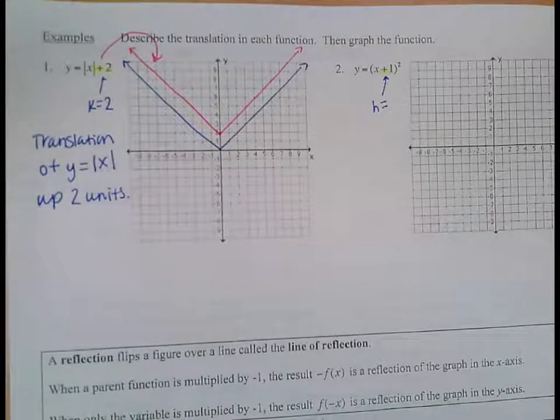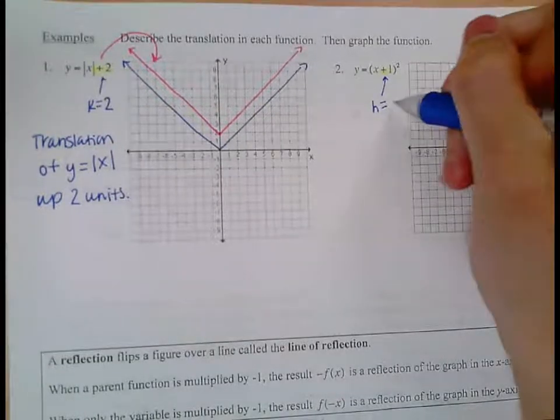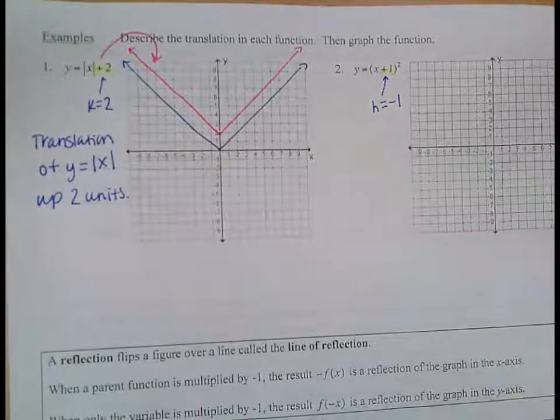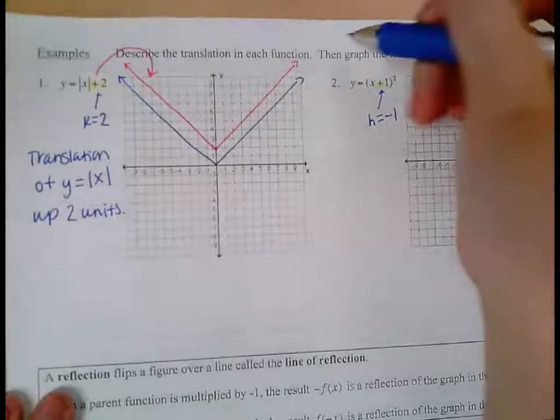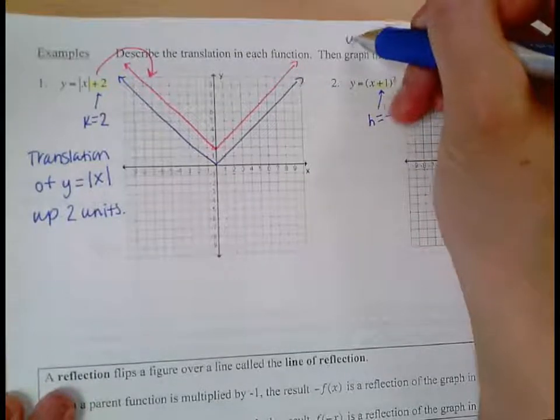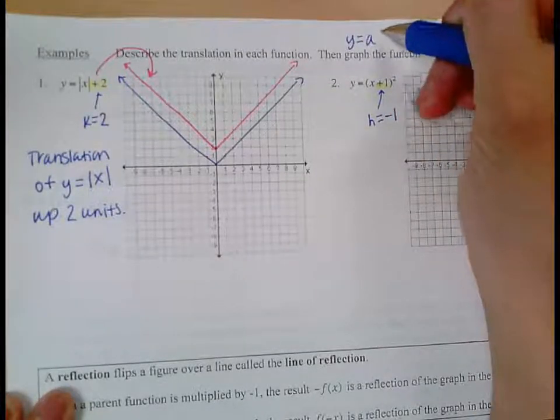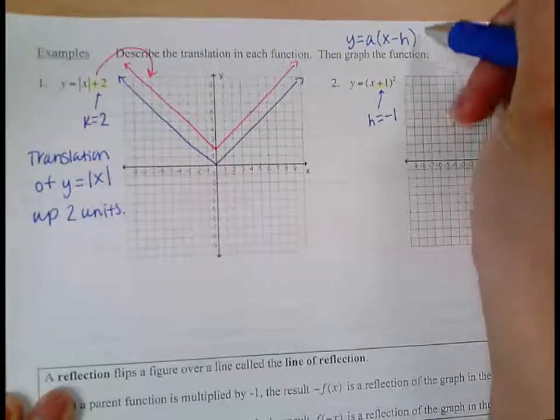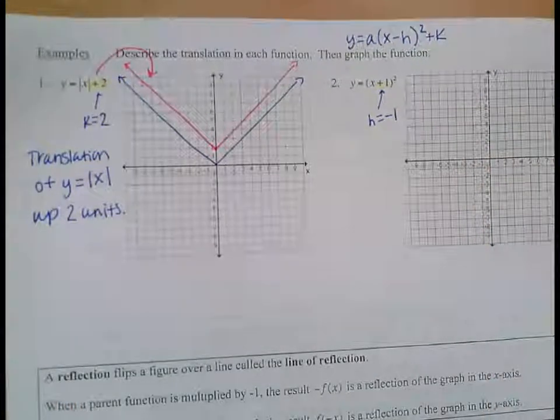Now, the h value here is not positive 1. The h value is actually negative 1. And I'll explain why. In the formula, which I'll write up here, I know it's on the front, but just so you can see it, y equals a times the quantity x minus h squared plus k.